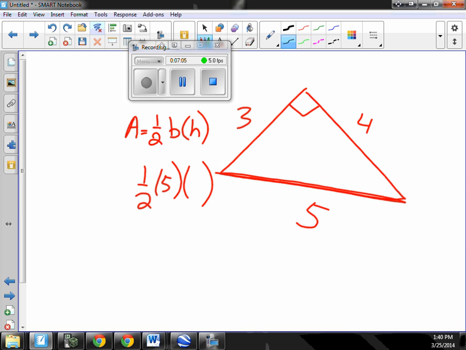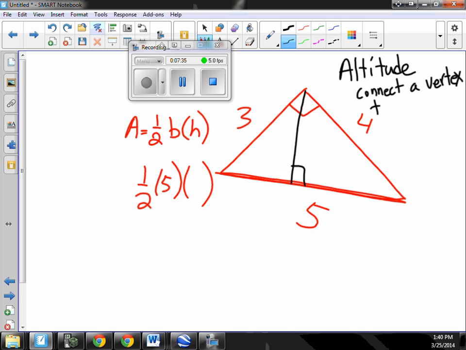Well, the height is right here. That line is called an altitude. An altitude is a line inside a polygon. Well, I guess maybe just a triangle. I'm not sure. And it has two qualities. It connects a vertex to the opposite side.